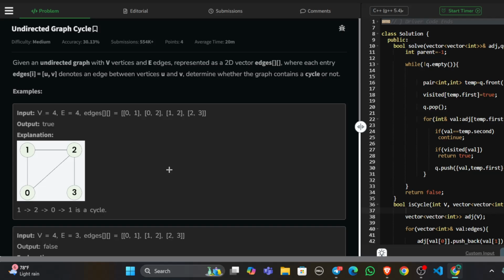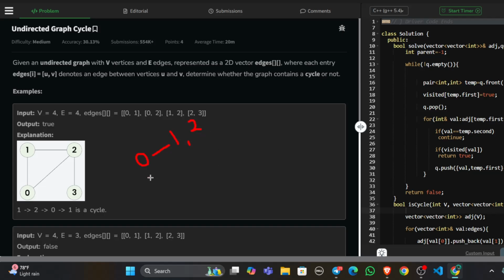In the previous question, I discussed the adjacency list. Now try to draw the adjacency list. Let me do that. We start from zero. Zero goes to one and zero goes to three.